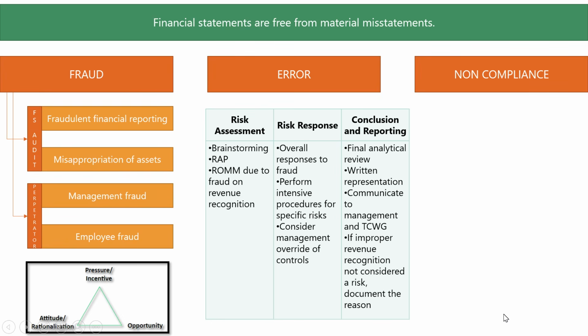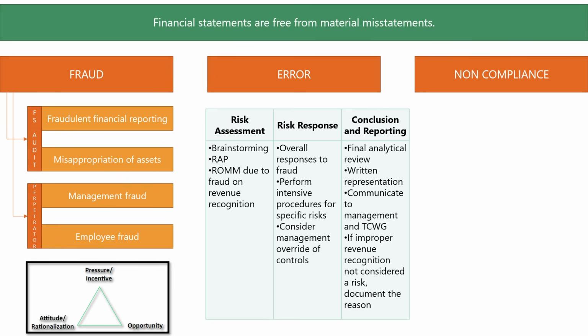So here we get to see another one of the inherent limitations of internal controls, where we said management has the power and the authority to put the controls on pause. And once the controls are put on pause, then this opens the floodgates to possible misstatements to come into the accounting system. So when there is a risk of material misstatement owing to fraud, then the auditor considers management override of controls. And eventually this will have an effect on your evaluation of the integrity of management.